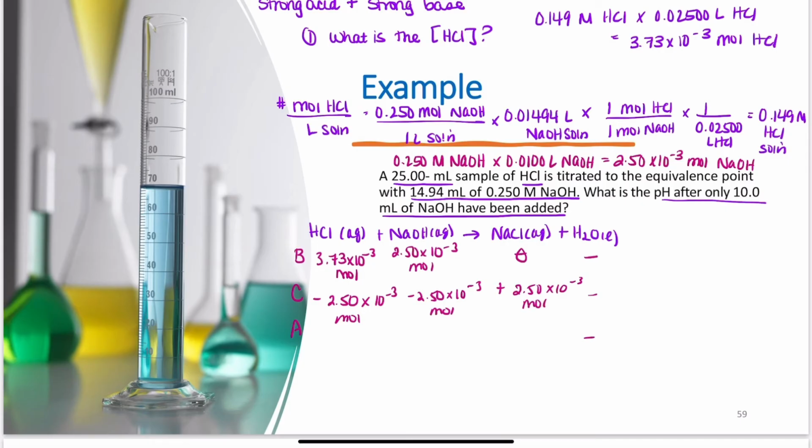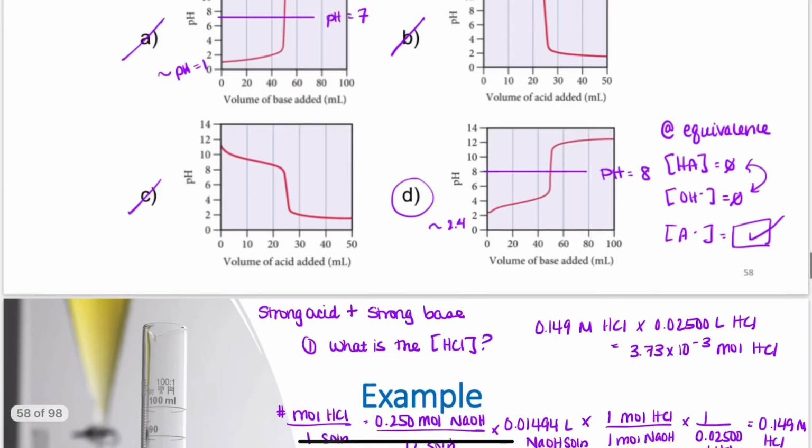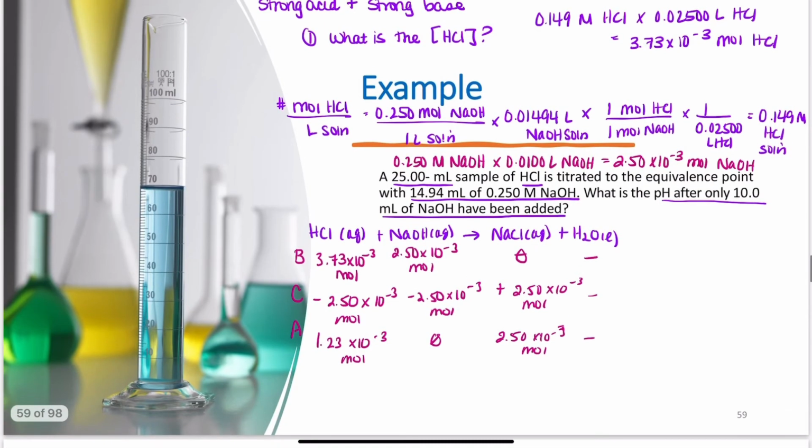The equilibrium expressions will take care of the rest for us. After, I've got 1.23 times 10 to the minus 3rd moles of HCl left, no NaOH, and I've produced 2.50 times 10 to the minus 3rd moles of NaCl. NaCl is a spectator, so I don't care, but I do need to know that I've produced it.